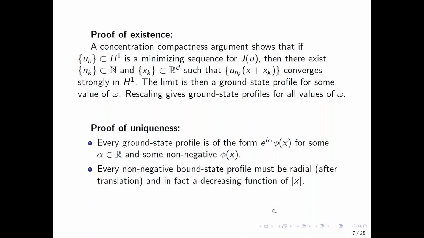And then you can use the method of moving planes or the Gidas-Ni-Nirenberg theorem, which tells you that if you have a non-negative solution of an elliptic equation like the one that phi satisfies, then it must be radial. So by the method of moving planes, non-negative solutions must be radial, and in fact are decreasing functions of the radius.